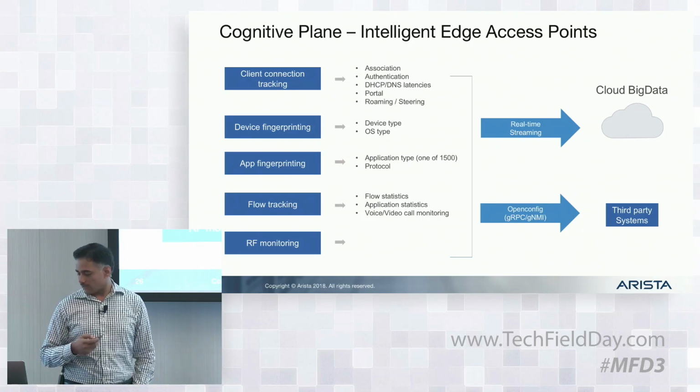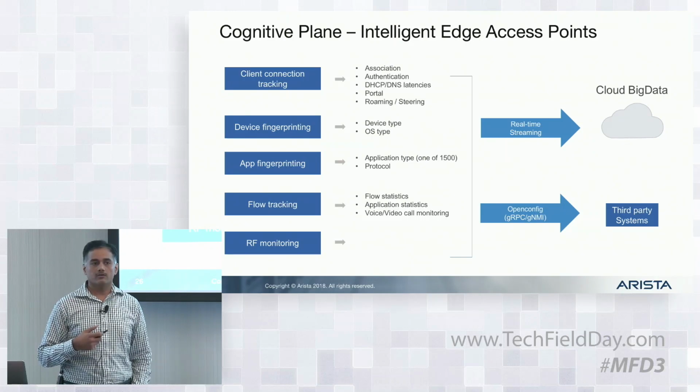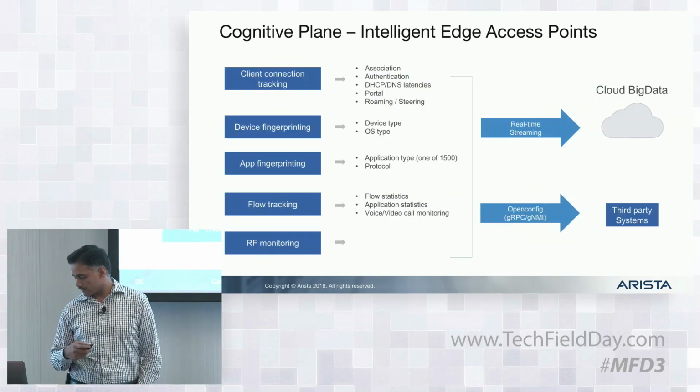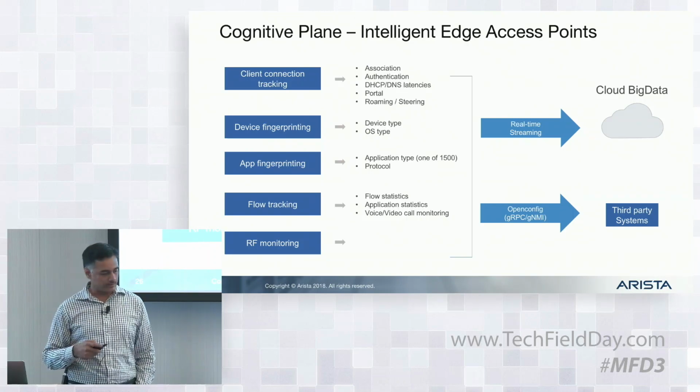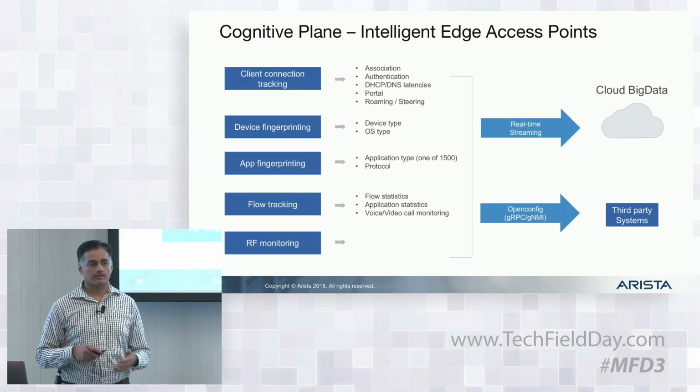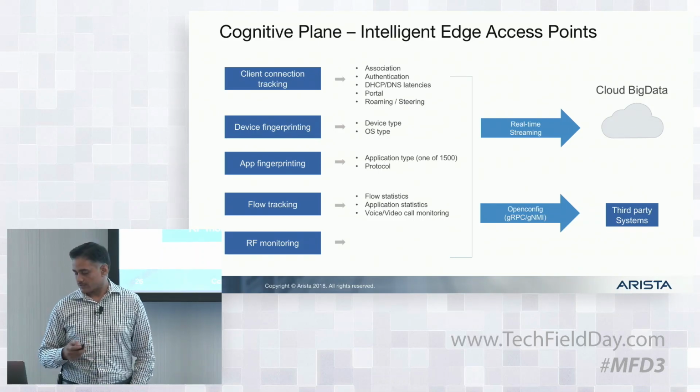And of course, there is the RF monitoring piece, which is essentially all the OSS, BSS counters. The text is missing here on the slide, but the APs actually send around 300 OSS, BSS counters back to the cloud: everything on the channel, the clients, the BSS and so on, across various dimensions.